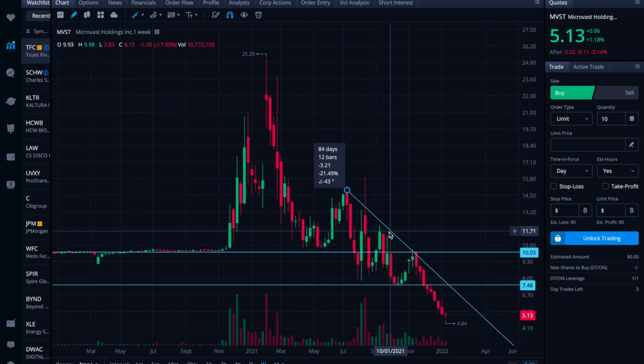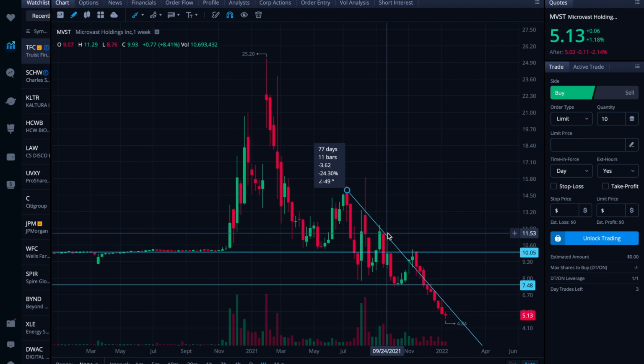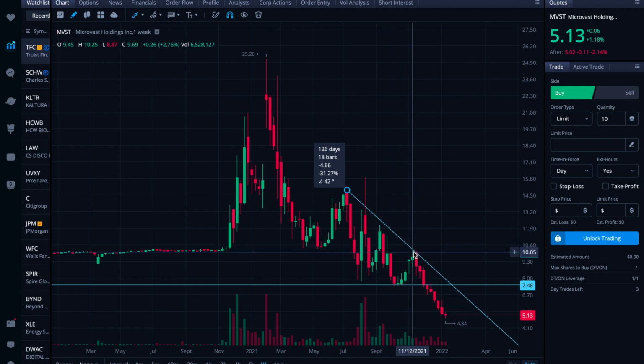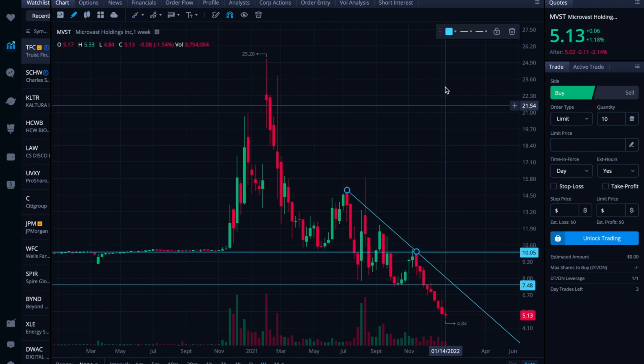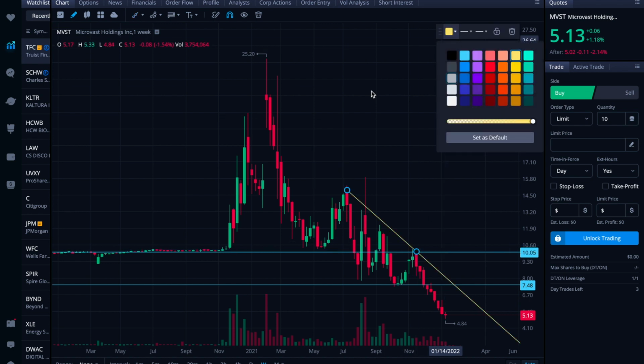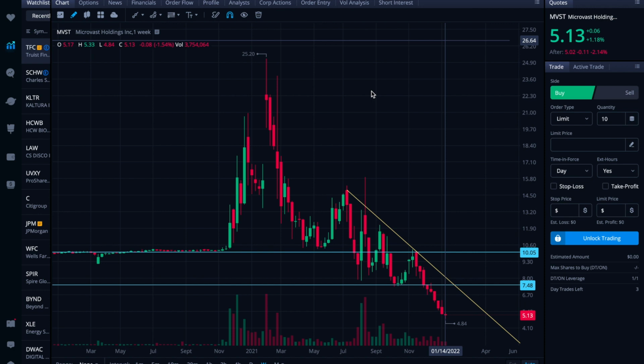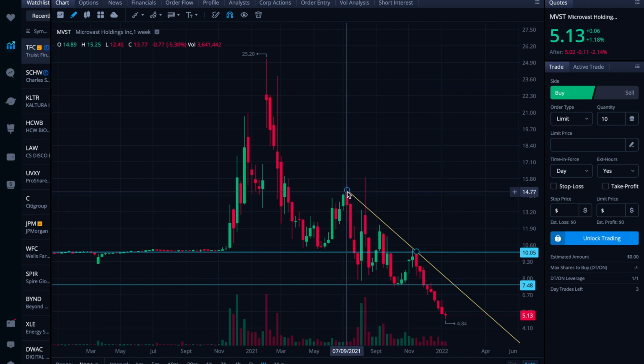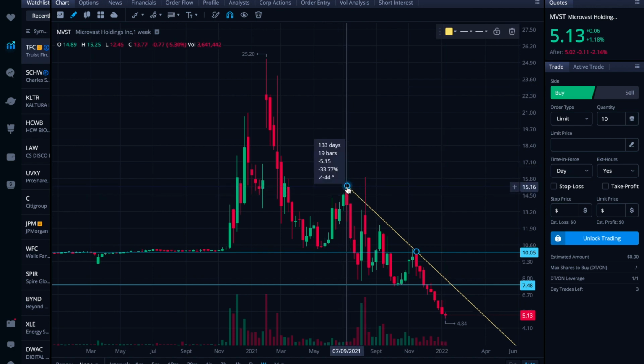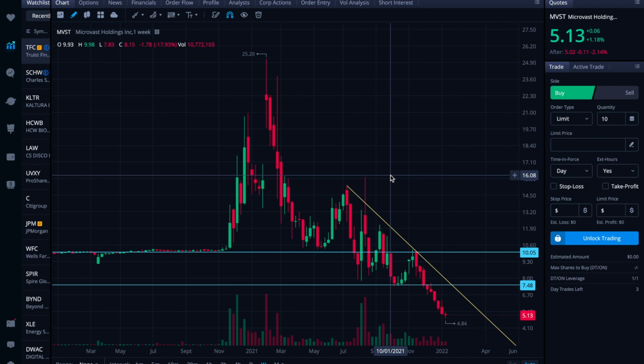Now, the other thing that stands out to me, I think it depends on how aggressively you want to put this in, how conservatively you want to put it in. I would tend to put it in more conservatively, meaning the stock needs to do more in order to prove that it can make a change in trend.